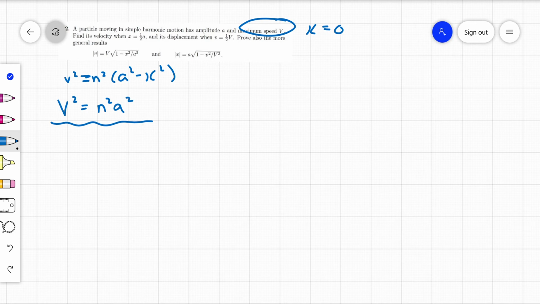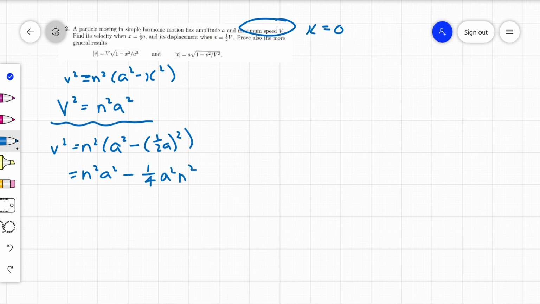So let's go back to v squared equals n squared a squared minus, and it says find its velocity when x is a half a. So let's make x a half a. We're going to square that. If we expand that out, n squared a squared minus a squared n squared over four.